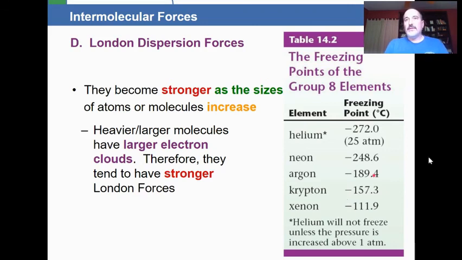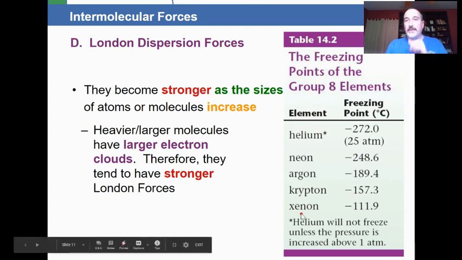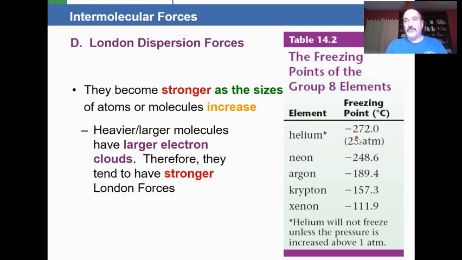And you can see this illustrated in the freezing points of the noble gases, okay? These are very small numbers, yes, but if you notice, the largest one, xenon, has the highest freezing point, okay? Whereas helium, the smallest, has the lowest freezing point. Now, theoretically, there shouldn't be any difference.